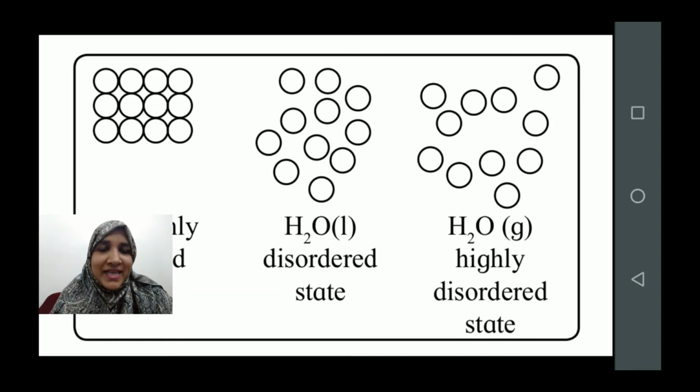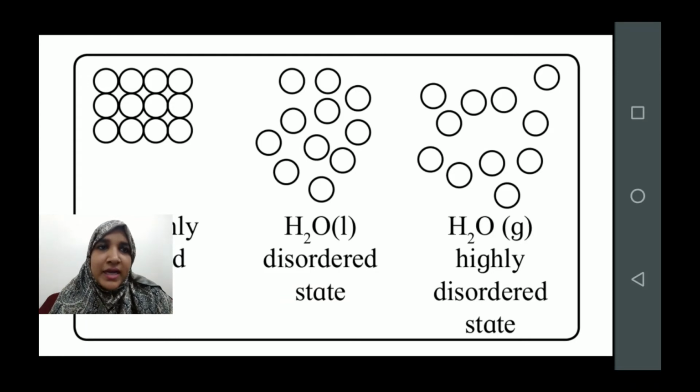When this ice melts, the water molecules are still intact with each other, but the order which was there in the solid is broken down, it collapsed, and now you have a disordered state, which is the liquid state. In the same way, when the liquid evaporates and gets converted to gas, all the molecules of water are free to move here and there.